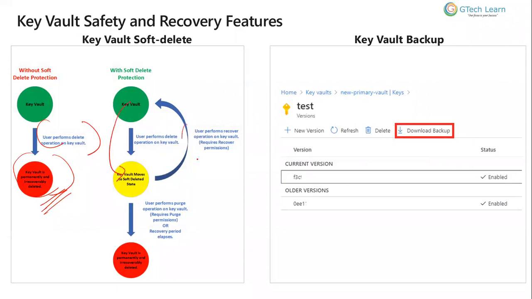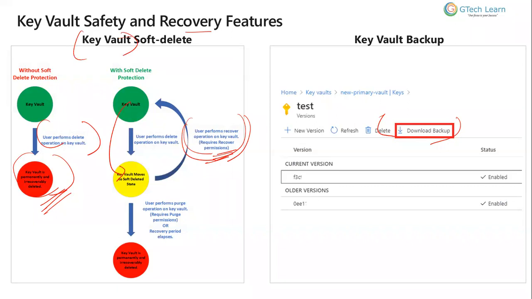And if we want, we can recover that key vault, and for the same we can have the required permission available. We can also download the backup of our key vault as well. So these are the two options available when we are talking about the safety and recovery features for our key vault.